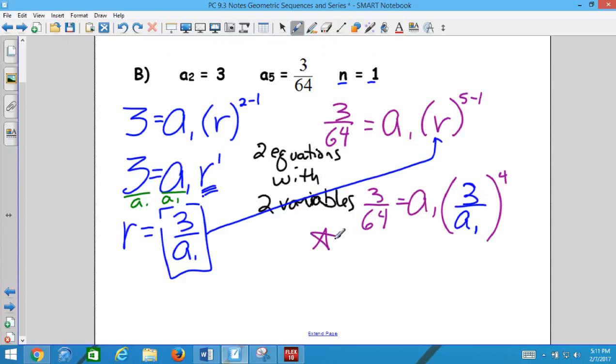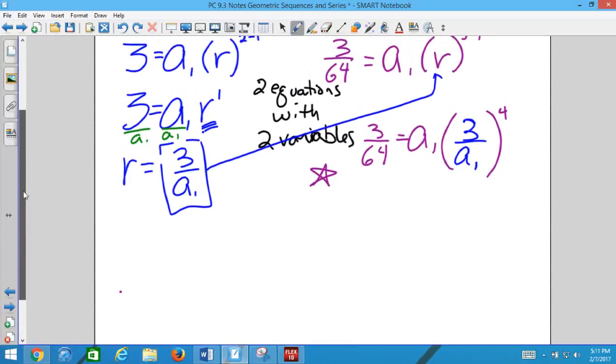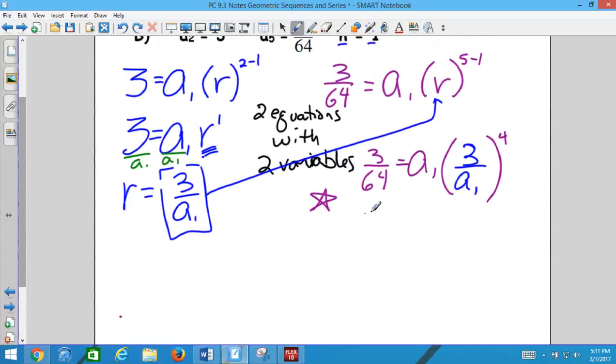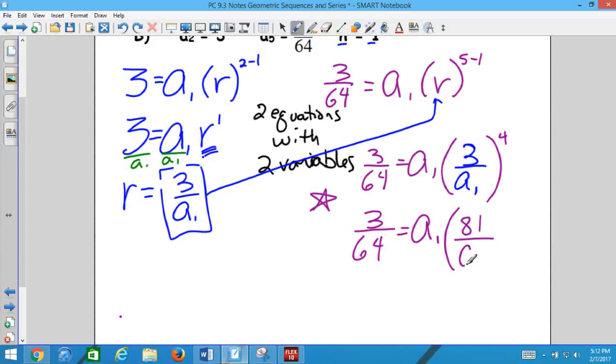All right, now I'm going to work with this equation on the right side of the screen. I've got 3 over 64 equals a sub 1 multiplied by, now I'm going to take 3 to the 4th, that's 81, over a sub 1 to the 4th, which, I don't know what a sub 1 is, so I'm just going to write a sub 1 to the 4th.